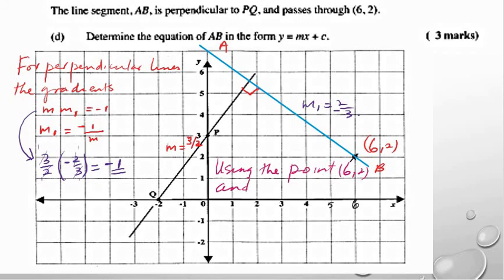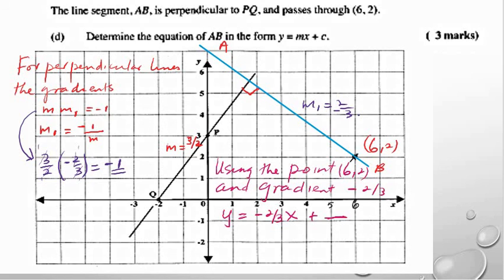and gradient of negative 2/3, I could find this equation here. So I know that y is equal to negative 2/3 of x plus some value. I am going to find that value, which is c. To find that value, I substitute for x and y given here.